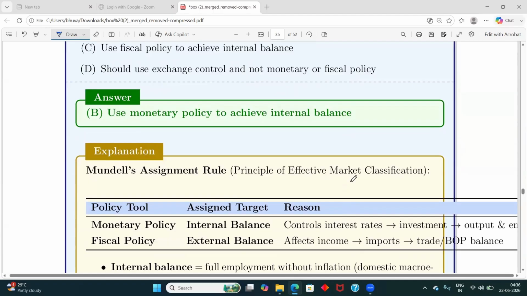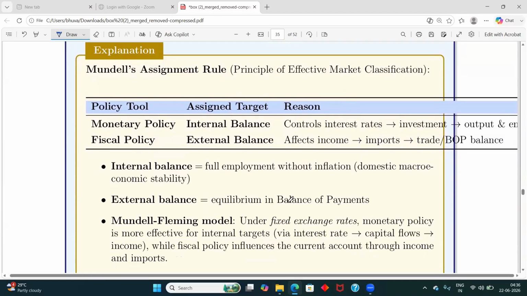Principle of effective market classification. Two tool, monetary policy and fiscal policy. Assign target, internal balance and external balance. When we talking about monetary policy is assigned the target is internal balance. In fiscal policy, assigned target is external balance.